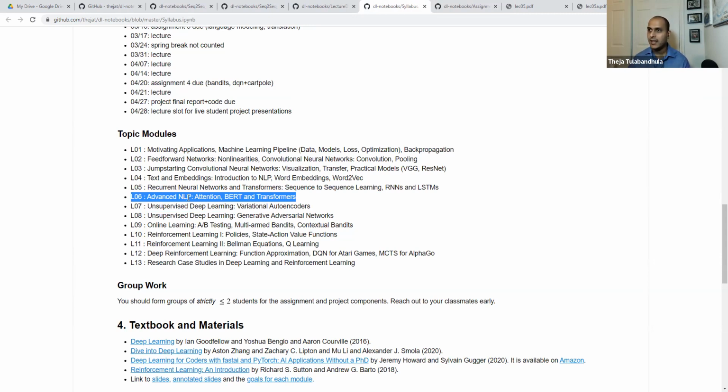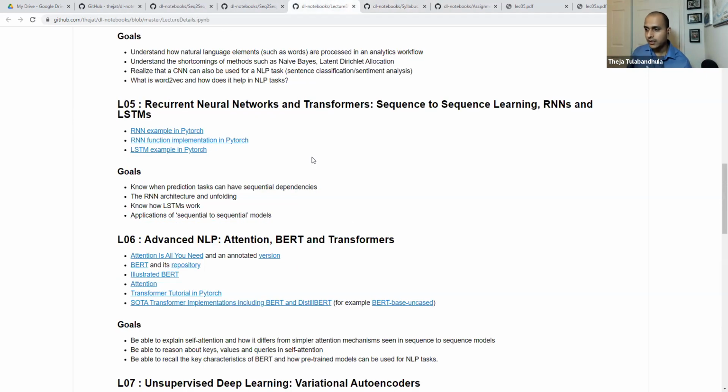It's again a layer-wise idea of nonlinearities, but put together in such a way that they can tackle sequential data. Looking at the goals for module 5, which is about RNN, when we finish that material you would definitely want to know when prediction tasks can have sequential dependencies.